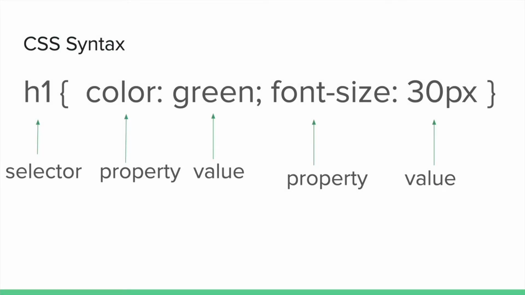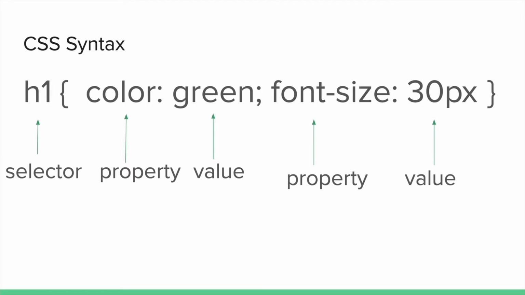So before we actually start in on some code, CSS is a completely different syntax, which you could also call a language, and I think a lot of people would call it a language.